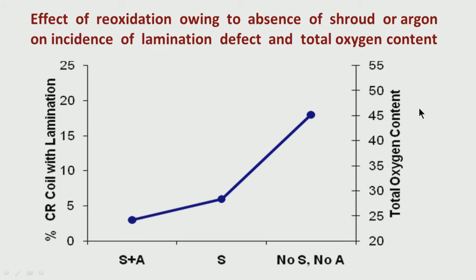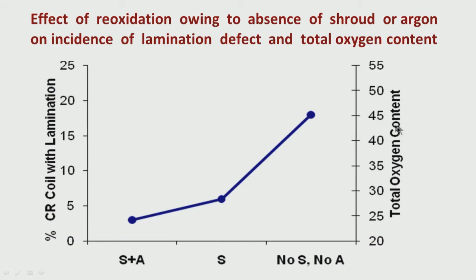The dissolved oxygen is very small, maybe less than 5 ppm when you use aluminum killing. So, if you have 45 ppm of total oxygen content, that means around 40 ppm of oxygen is present as oxide inclusions in steel, which is not desirable.